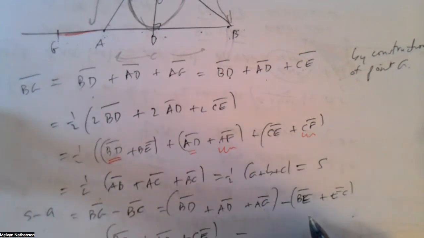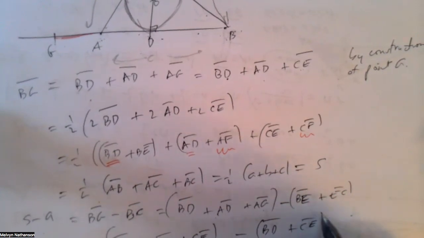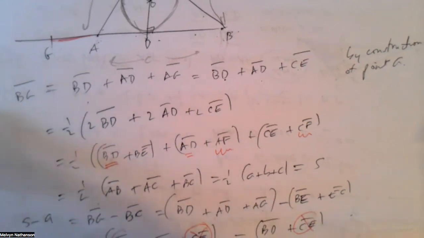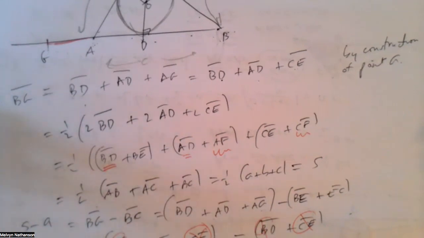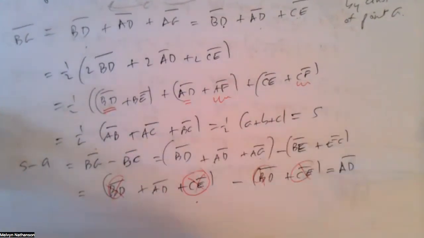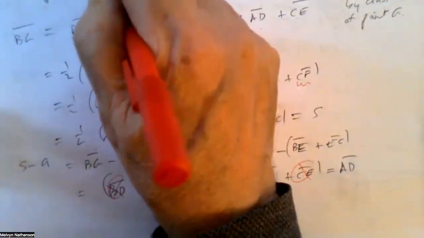The distance from A to G is the same by construction as the distance from C to E, minus BE, which is the same as BD, plus the distance from C to E. So if you look at it, these cancel, and you're left with just the distance from A to D. So the distance from A to D, this, is equal to S minus A.